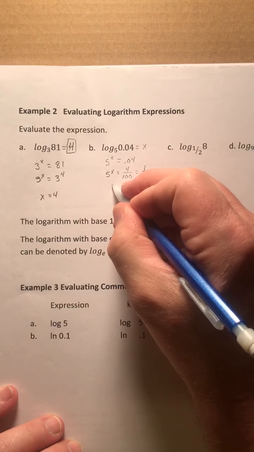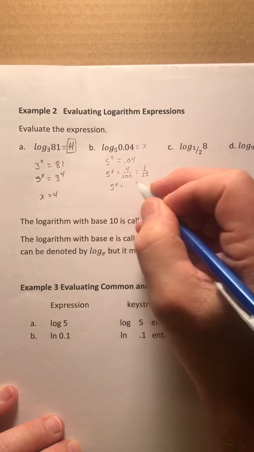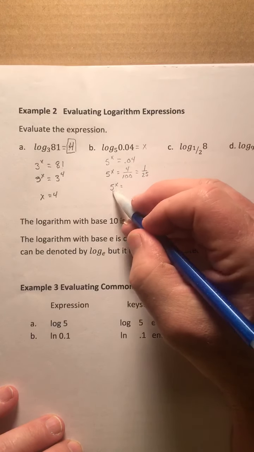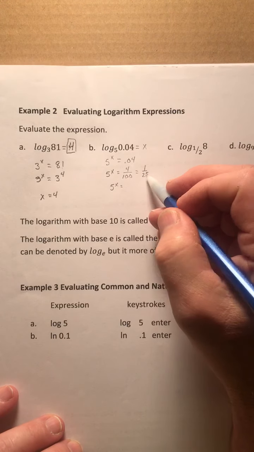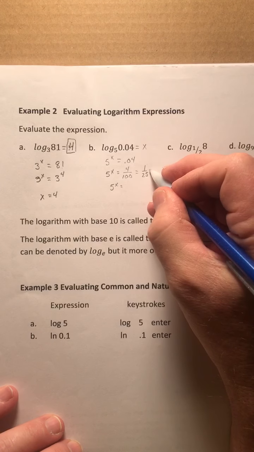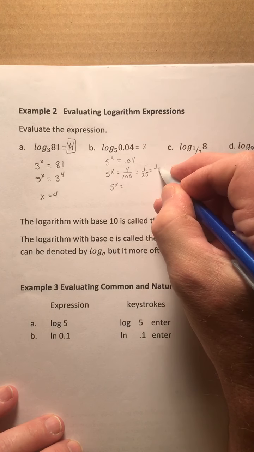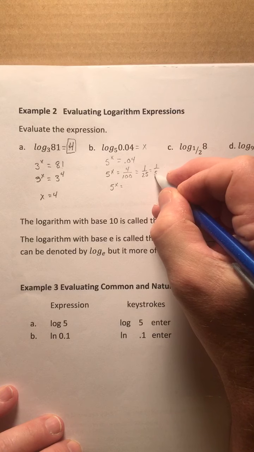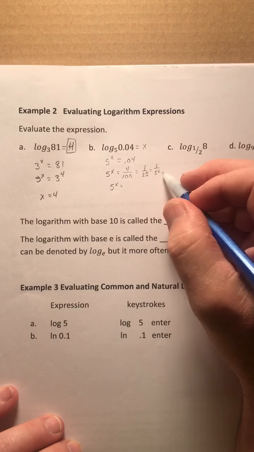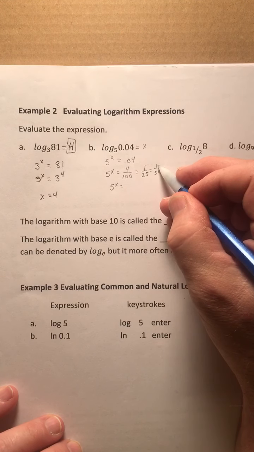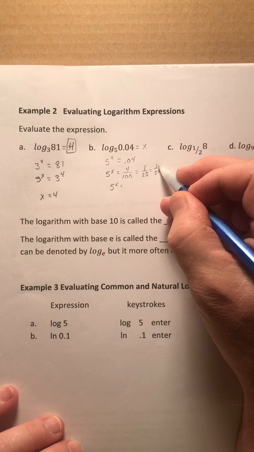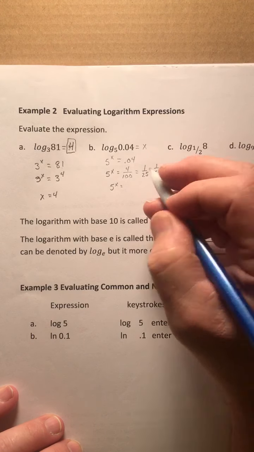All right, so now we got 5 to the x power equals, so we want to try to make this into a base of 5. Well, the 1 over 25, we can change that to 5 squared. Now, if I want to move this to the top, I'll be moving it to the wrong place of the fraction, so I just have to make the exponent negative.